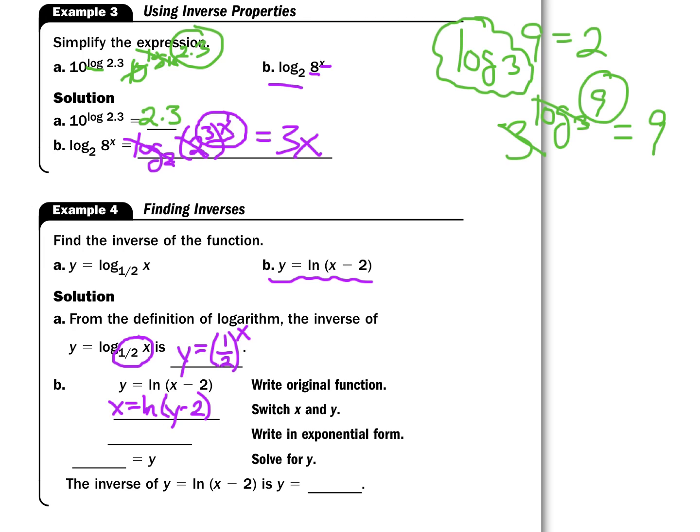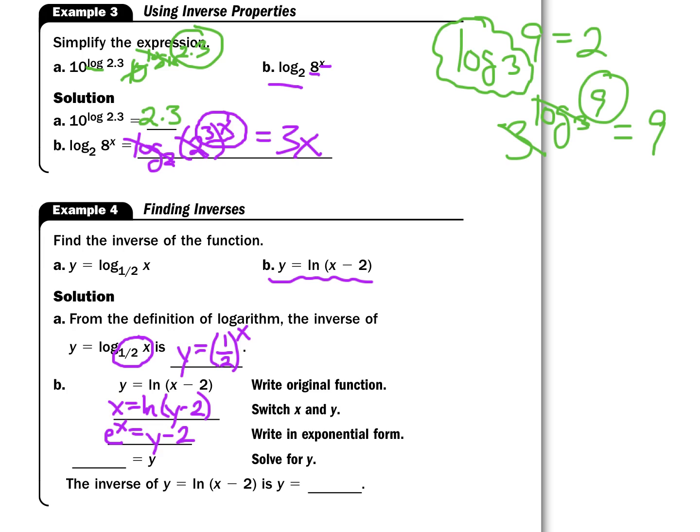In order to cancel out the natural log, I have to do e to both sides. So e to the x power equals e raised to the natural log. Well, that cancels out the natural log, because remember, e is our natural number, and the natural log is the same as log base e. And we're left with e to the x power equals y minus 2.